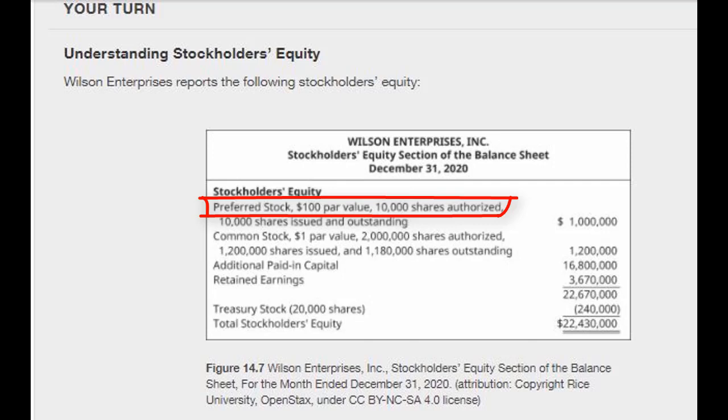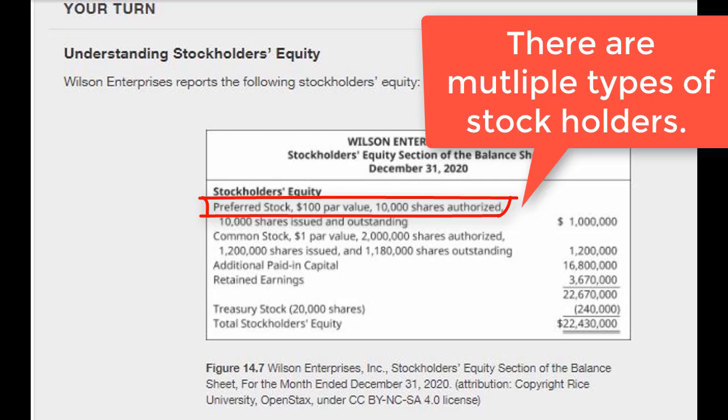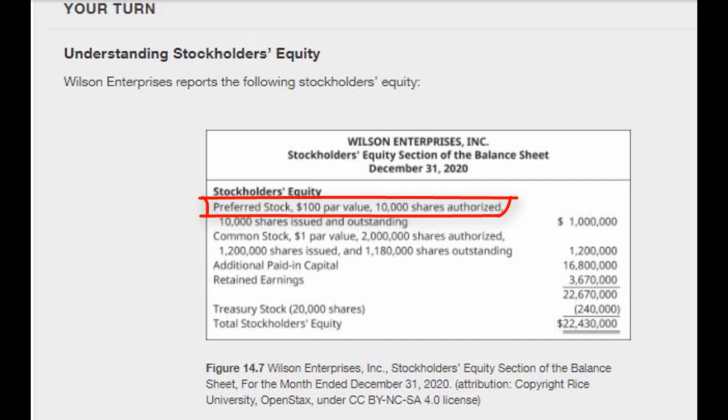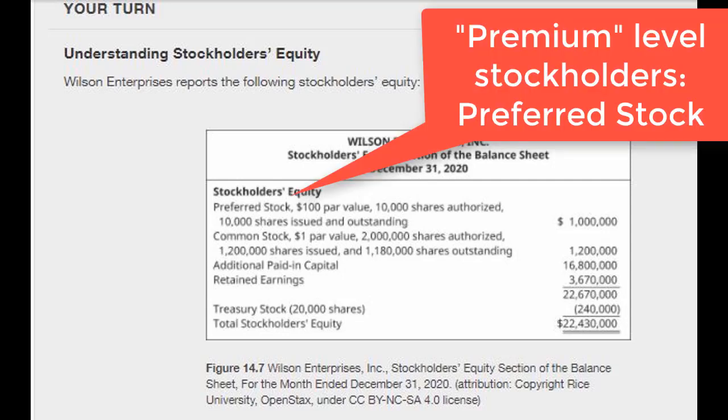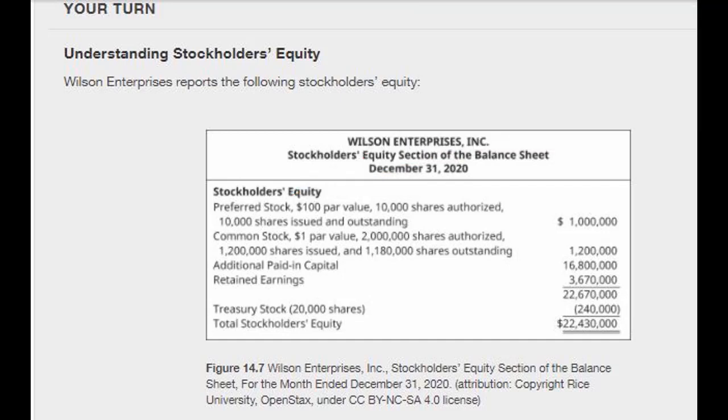For the simple reason that you might have more than one set of owners or stockholders, and some might have the right to receive dividends, or some other preferential treatment that makes them a higher level of stockholder than the common ones. And so we call value received from that premium level of owner preferred stock as opposed to common.